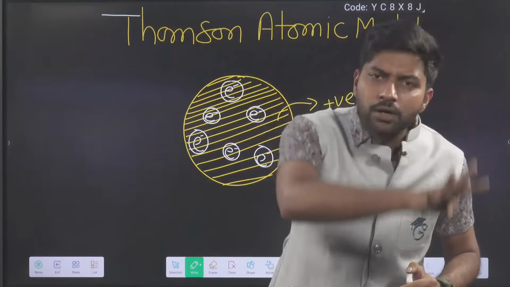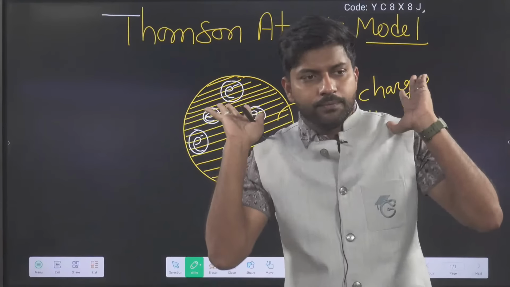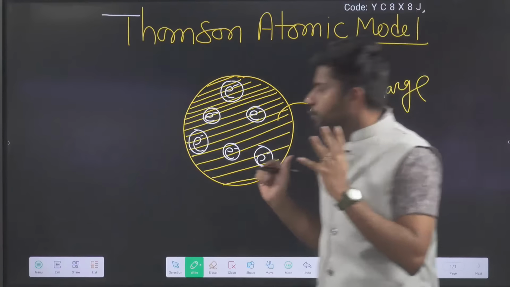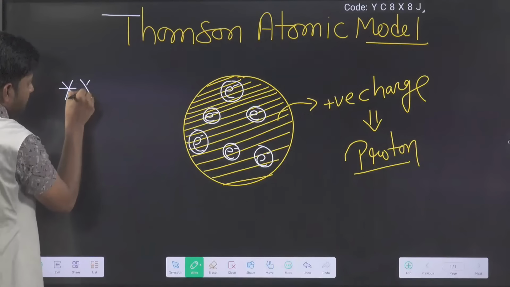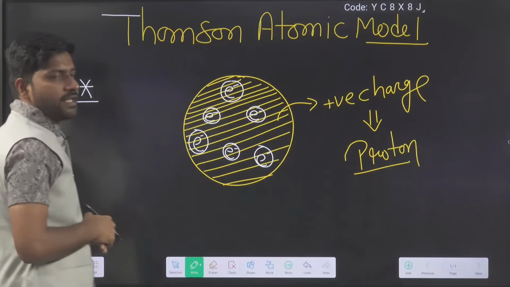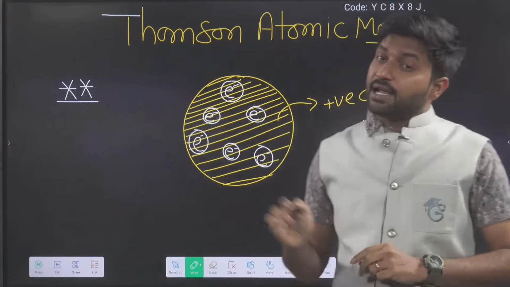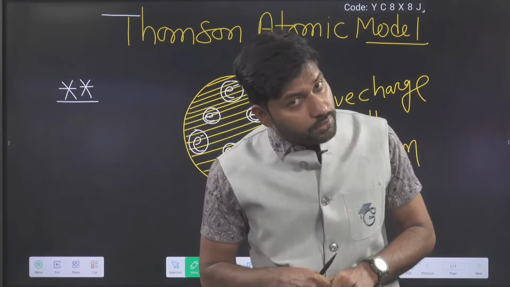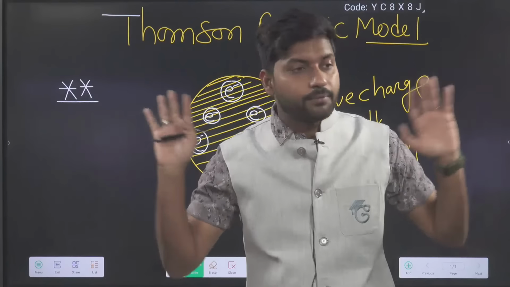So overall the atom is neutral. But Thomson had no idea at that time when he gave this model about the neutron. So about the neutron he has not said anything.